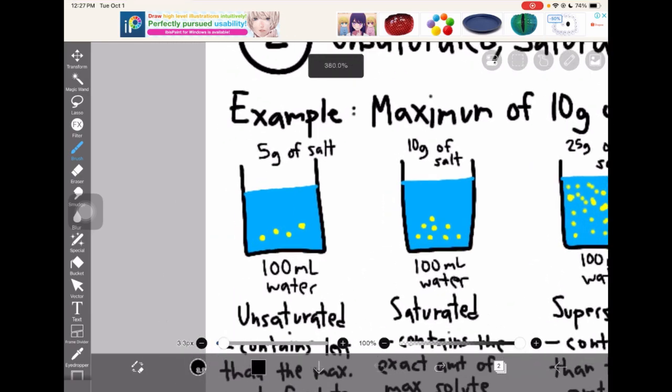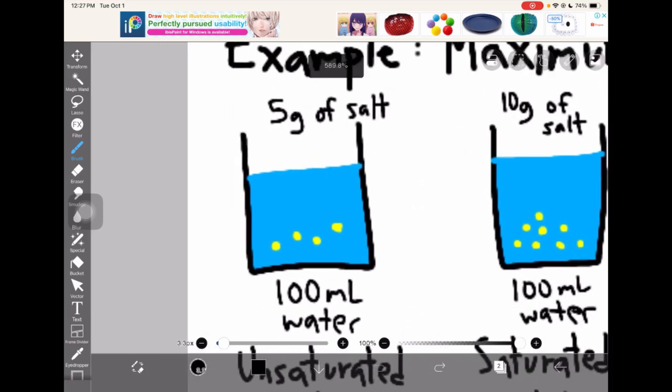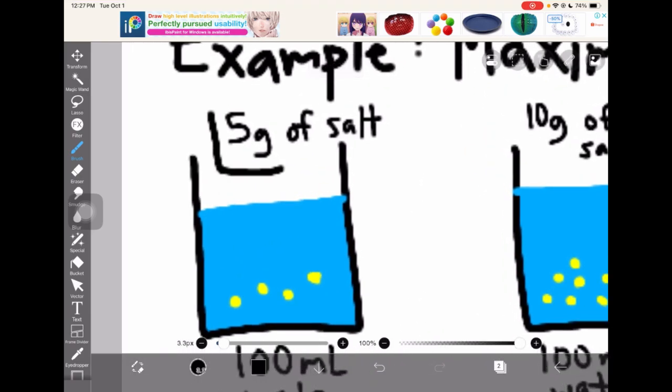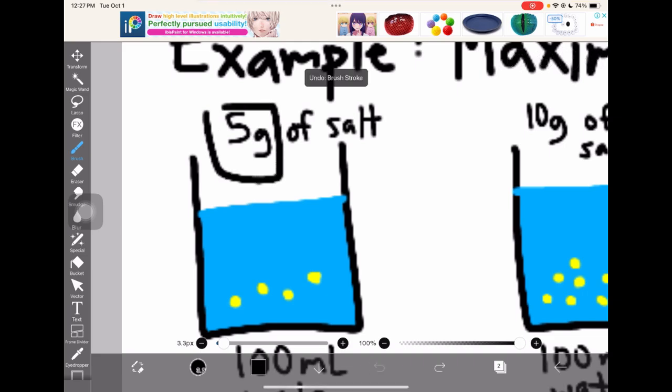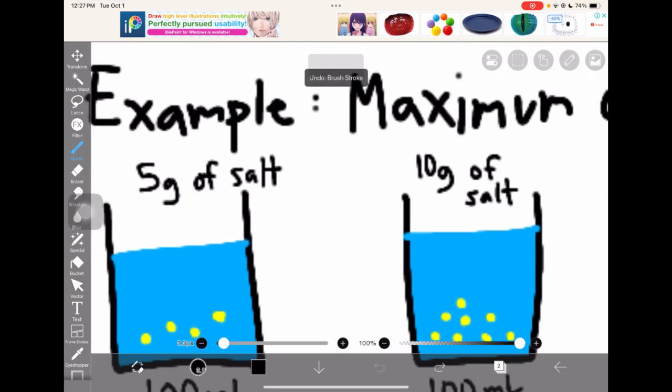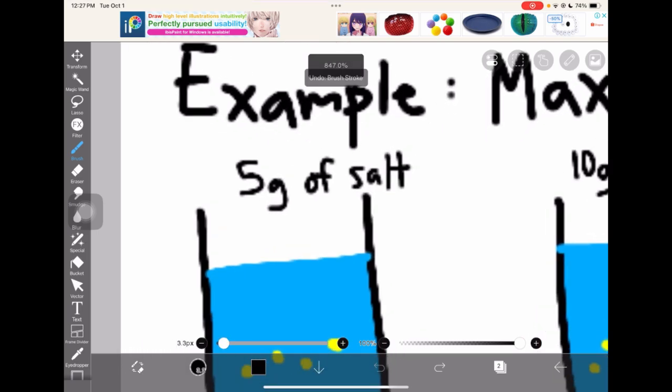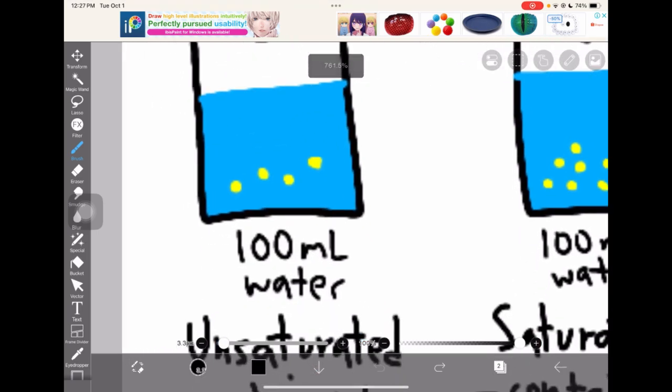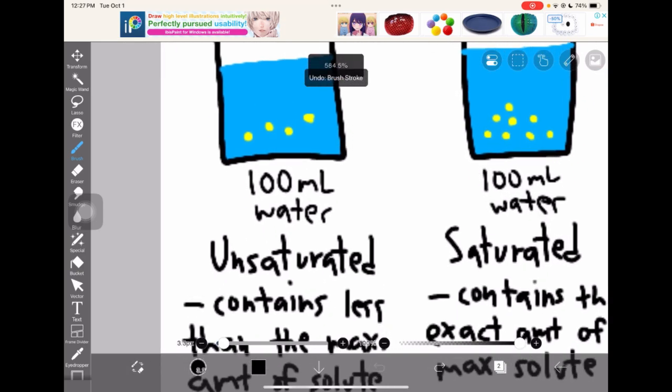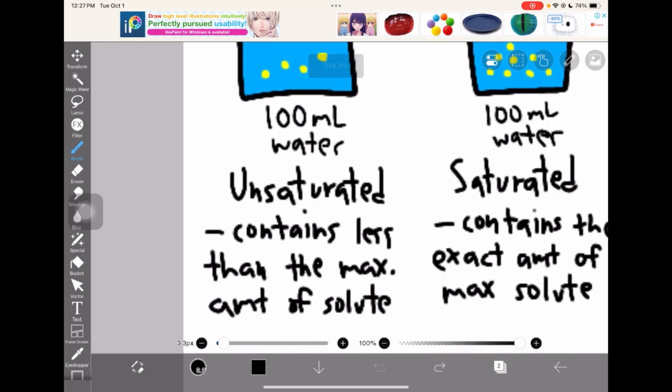In an unsaturated solution, the amount of solute is clearly less than the max. As you can see, it's 5 grams here, but as I've stated, the max is 10 grams. And of course, it follows the 100 milliliters of water at 20 degrees Celsius. So an unsaturated solution just contains less than the max amount of solute.